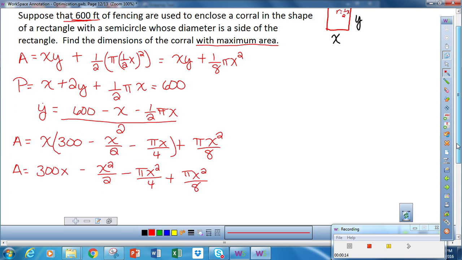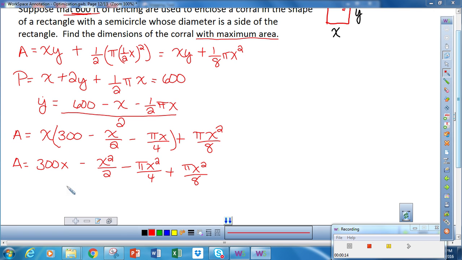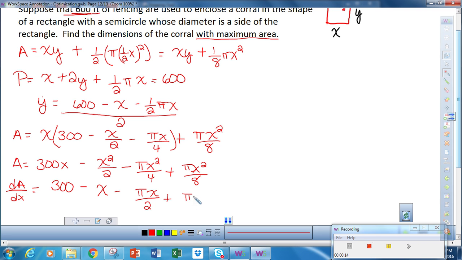Okay? Now, all I have to do now is just take the derivative of this with respect to x. So this is dA dx is equal to 300 minus, taking the derivative of that, I get x minus, taking the derivative of this, I get pi x over 2 plus pi x over 4.